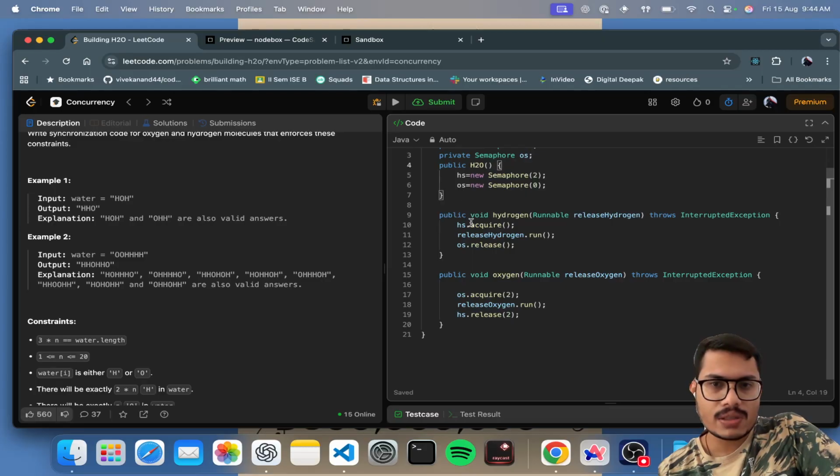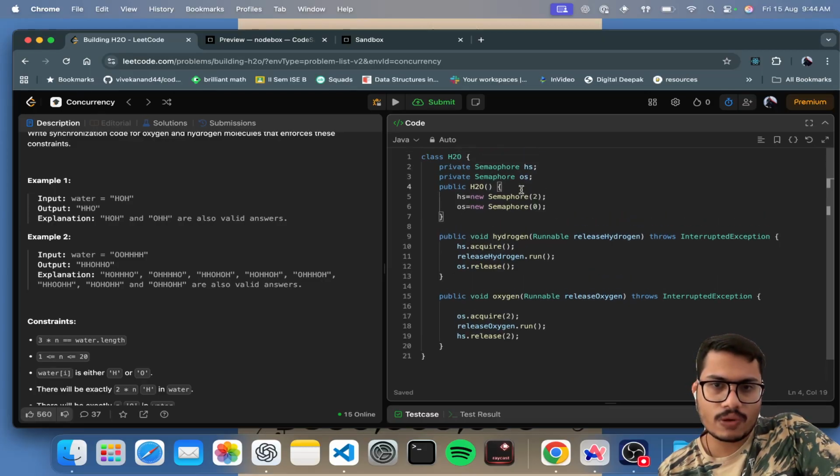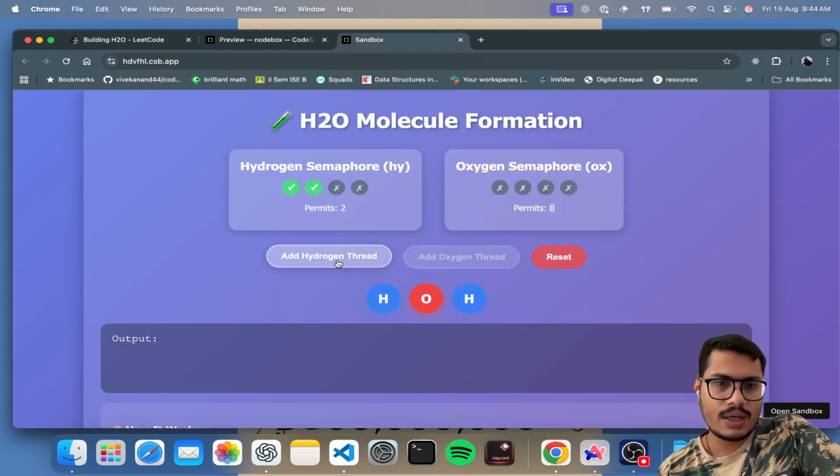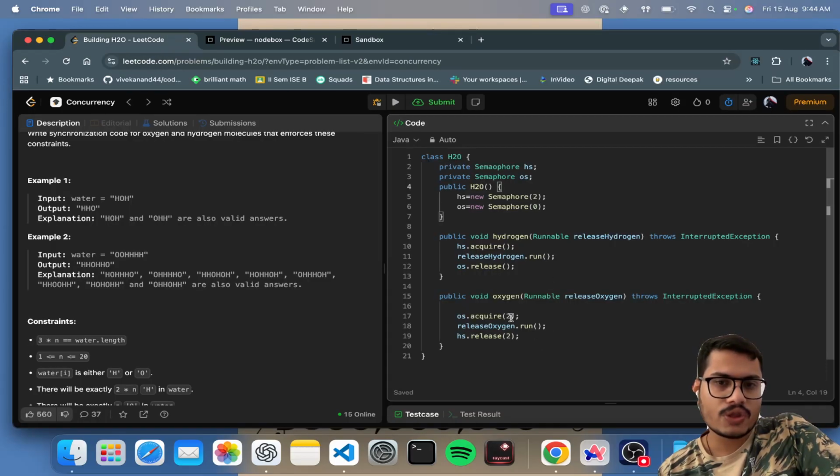Hydrogen was acquired, so the hydrogen semaphore will go from 2 to 1, and the oxygen semaphore will be released, so from 0 it will be 1. If I run the hydrogen thread, it got acquired and one oxygen permit got released. But I still need one more, because I have made a lock that the oxygen counter should be 2.